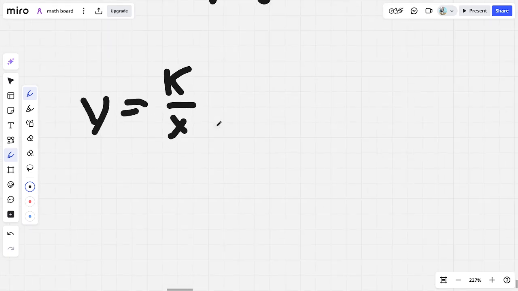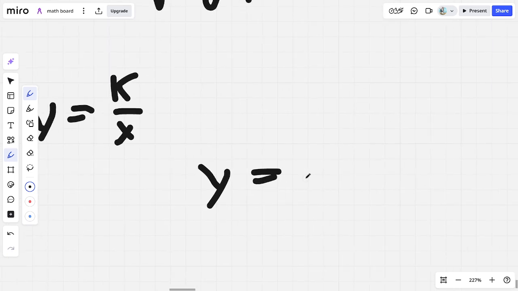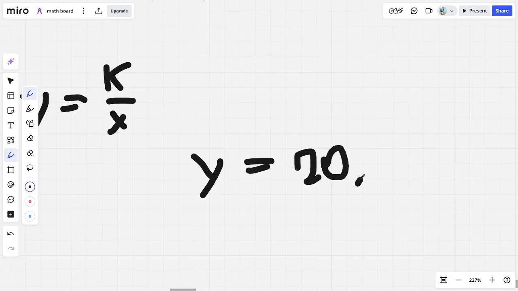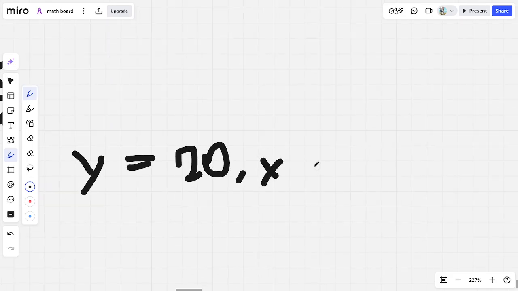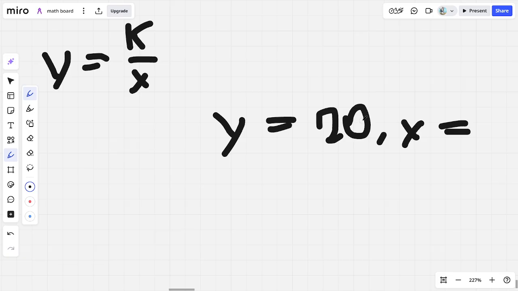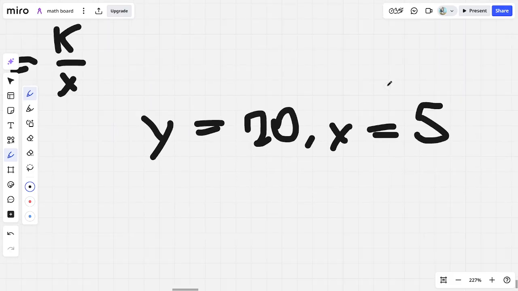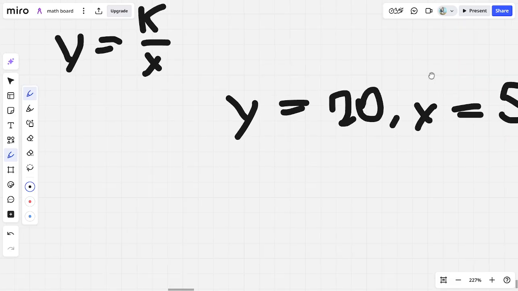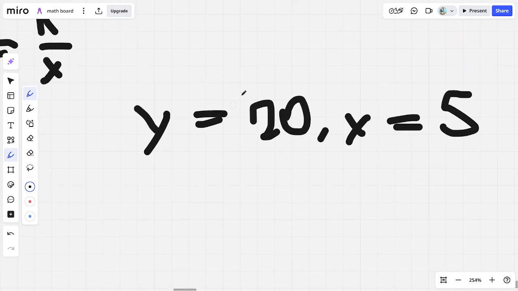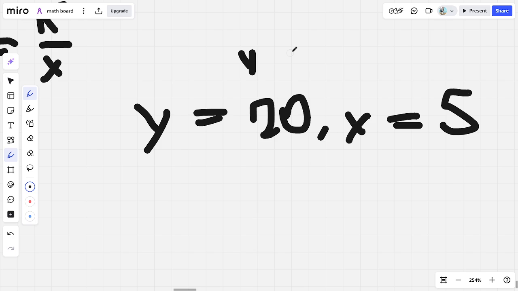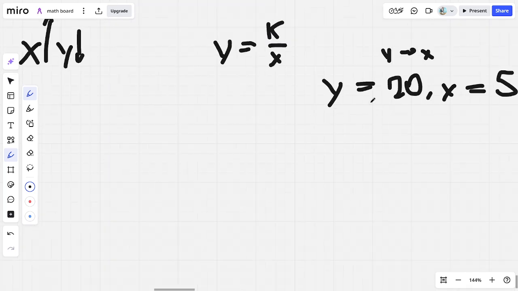So, for example, let's have y is equal to 20 and x is equal to 5, and y inversely varies to x.